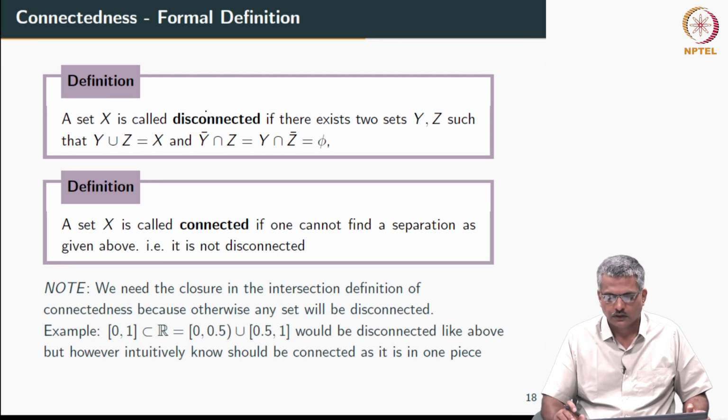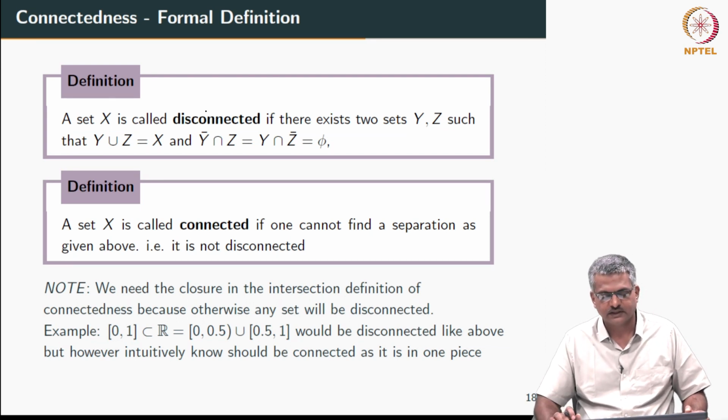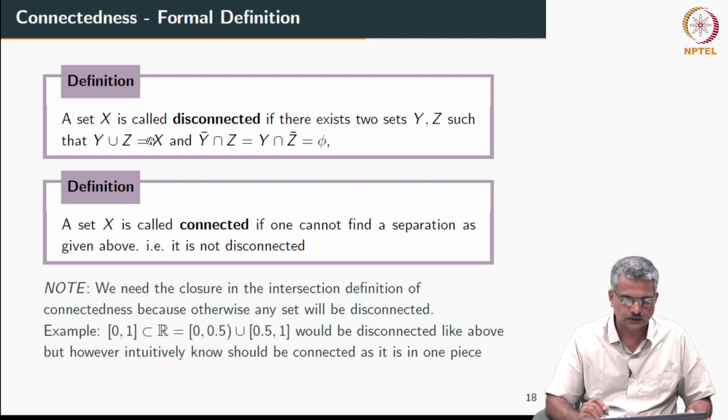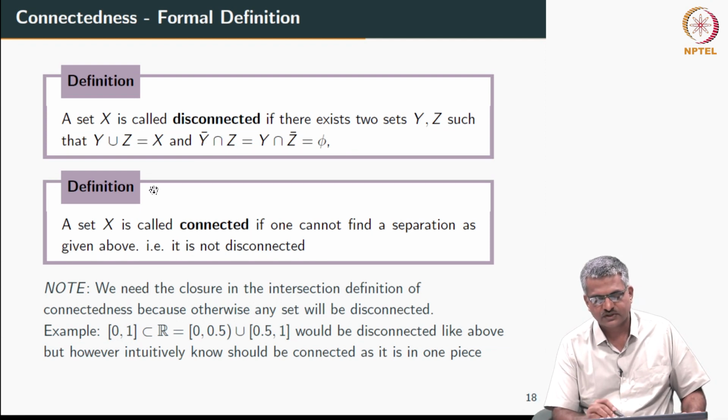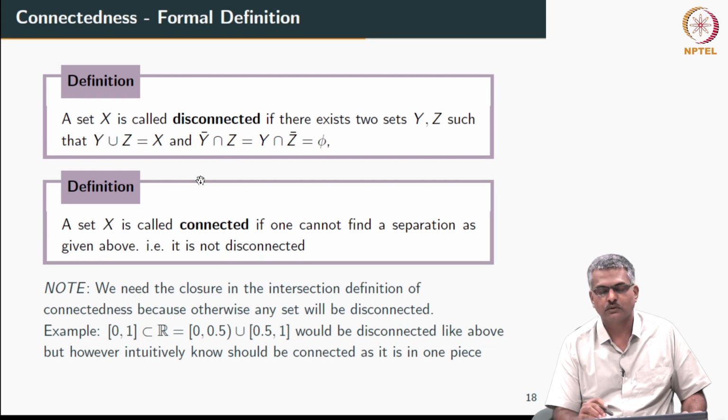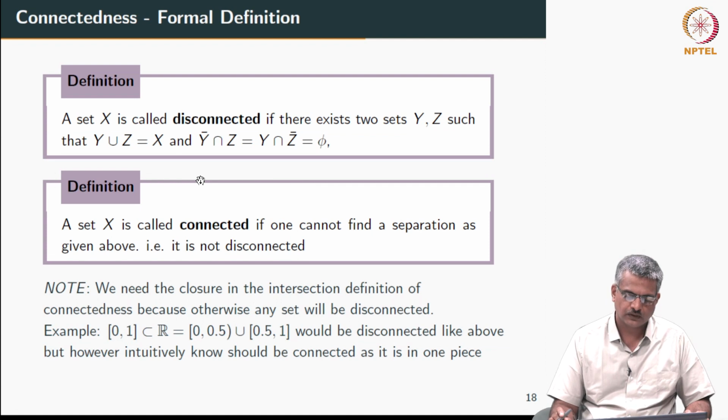So, two sets Y and Z are said to be disconnected if their union is the whole of the set X, and Y closure intersection Z and Y intersection Z closure both are empty sets. Right.